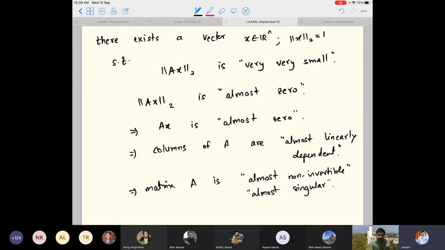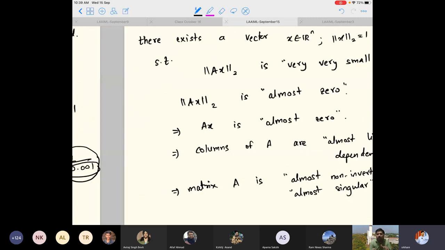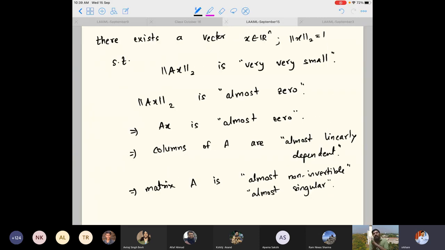Does that make sense? So if you have a very high condition number, if the matrix A is ill conditioned, according to this logic, it really means that the matrix is almost a singular matrix, almost a non-invertible matrix. Why is that 'almost' coming in? The term almost is coming in because the minimum magnification is very, very small.